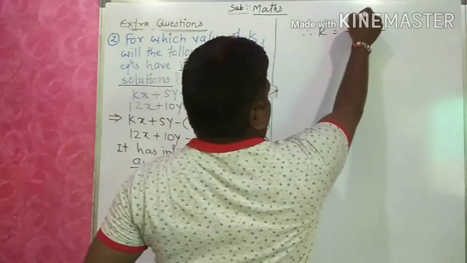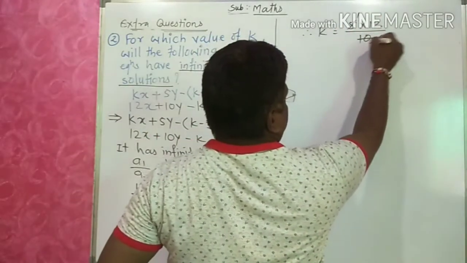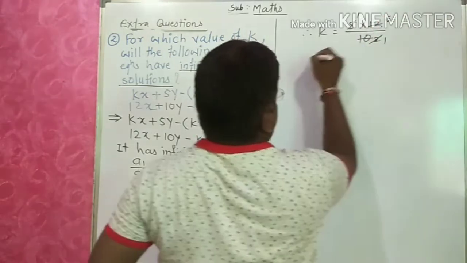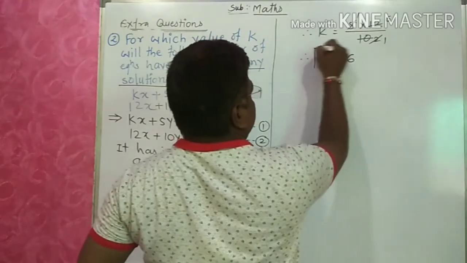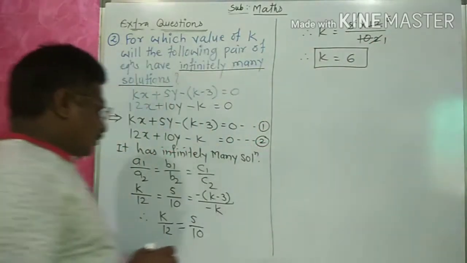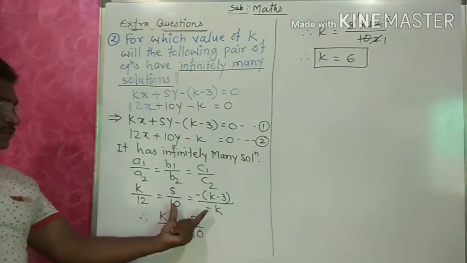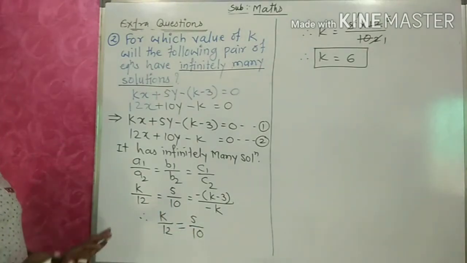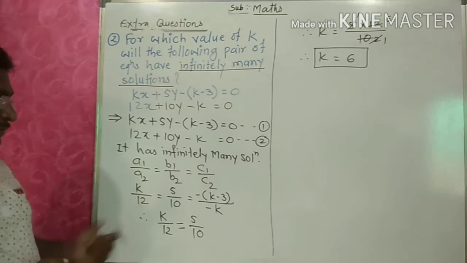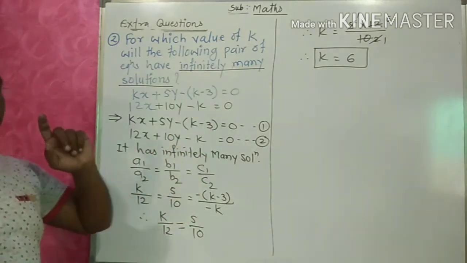So 5 ones are 5, 5 twos are 10, 2 ones are 2, 2 sixes are 12. So therefore k equals 6. So you can consider this or that, you will get the same answer. You will not get a different answer. Understood how to find the value of k?